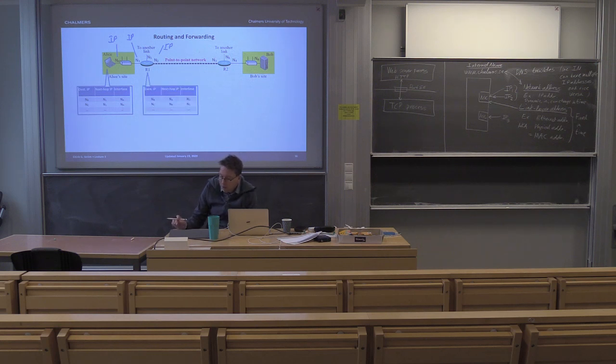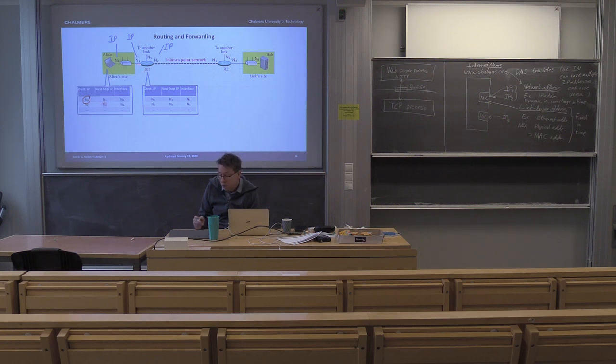So what happens now is that if a packet needs to go to Bob, Bob has IP address NB. Alice has no idea where Bob is located. But Alice's table tells me that if Alice would like to send something to Bob, you should first send the packet to N1, which is the IP address of router number 1.